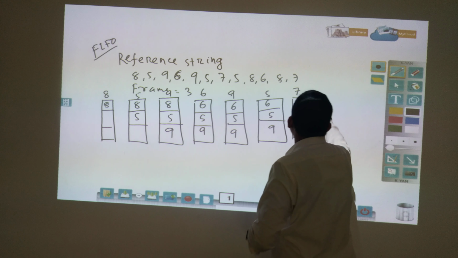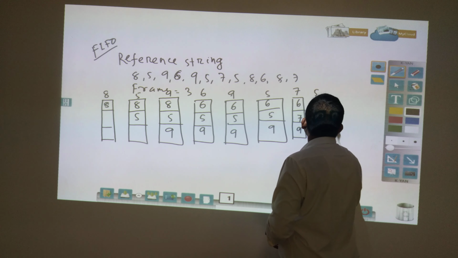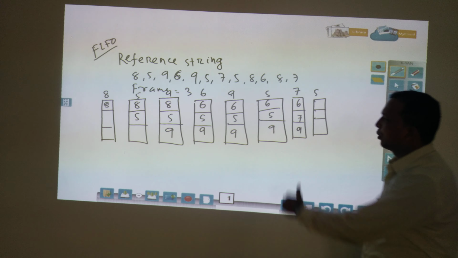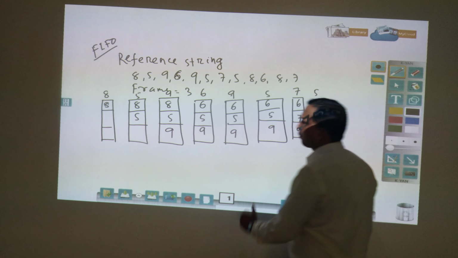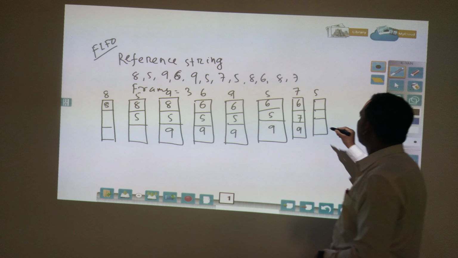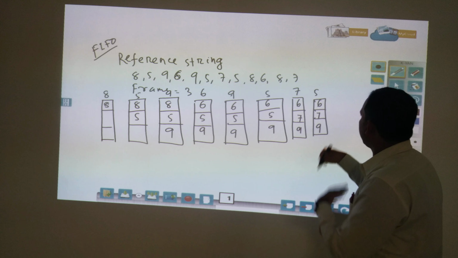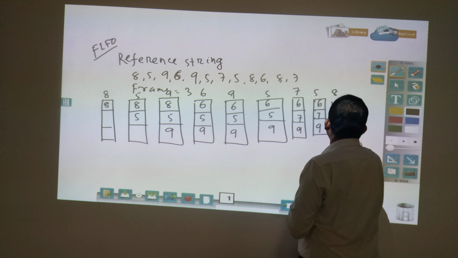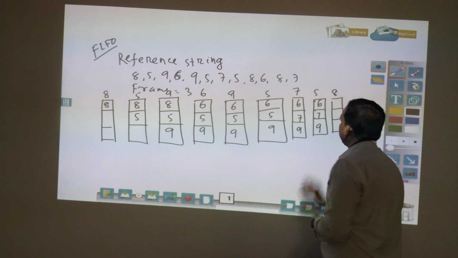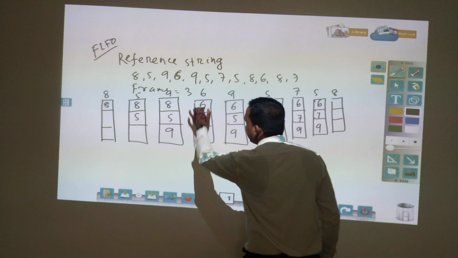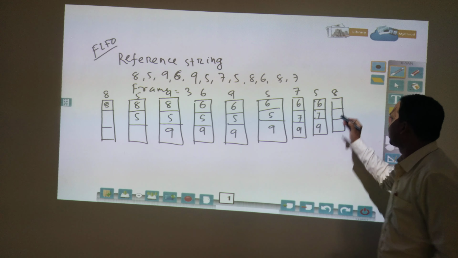Again the new string is 5, but in this frame 5 is not there, so we can cut 9 because after 5, 9 is inserted. So the new frame is 6, 7 and 9. Again the new element is 8, because in the previous frame 8 is not there. Which one? After 9, 6 is inserted, so remove 6.